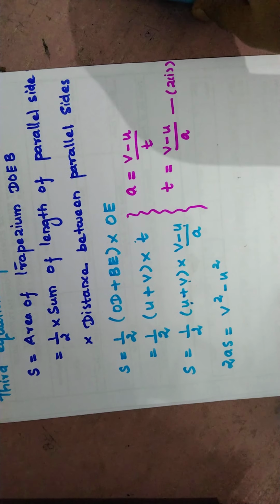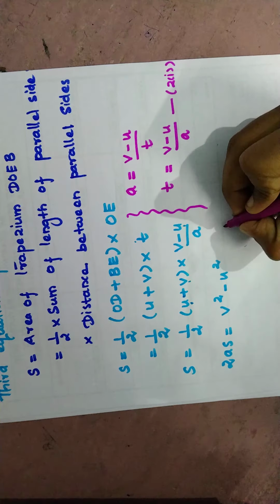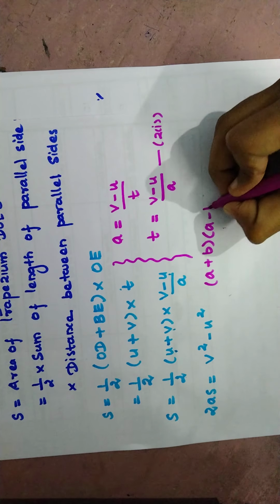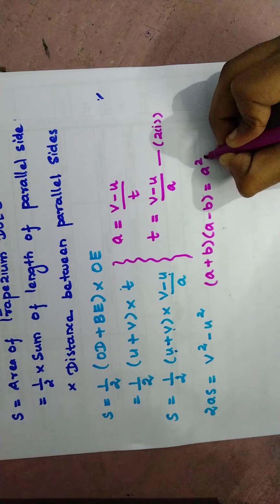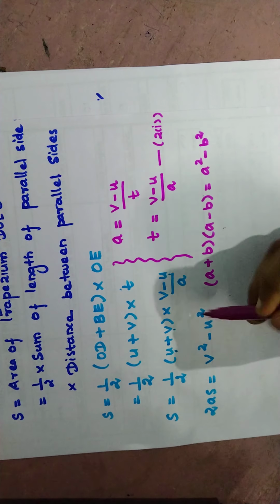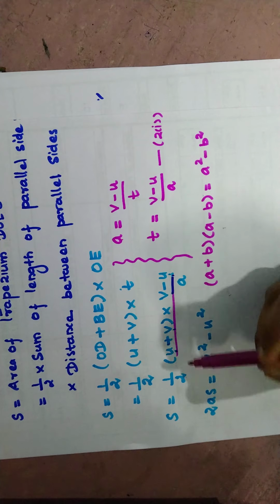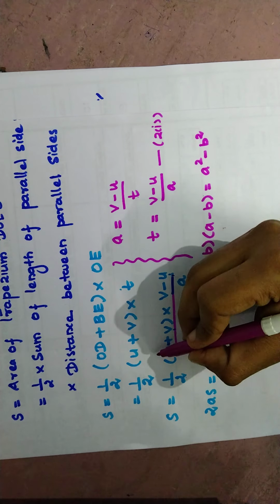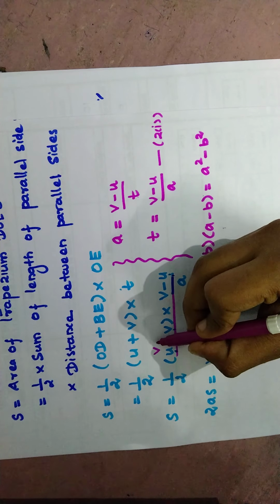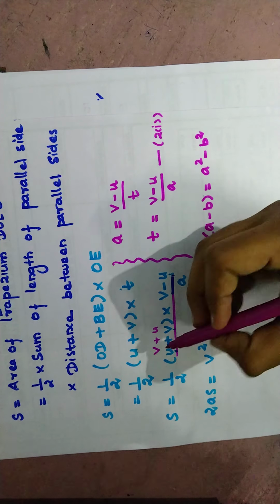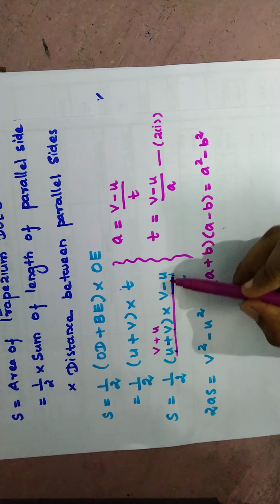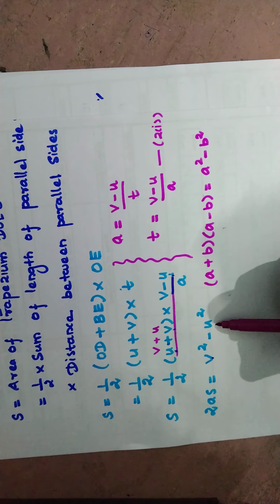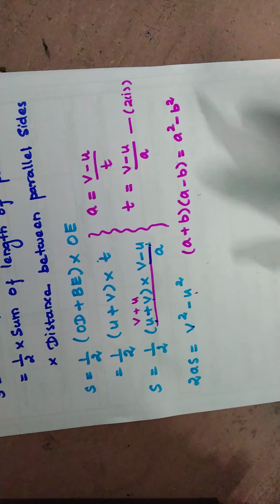Here also a formula is applying: a plus b into a minus b equals a square minus b square. In this place, u plus v into v minus u. If you are confused, write it as v plus u. That is v square minus u square.